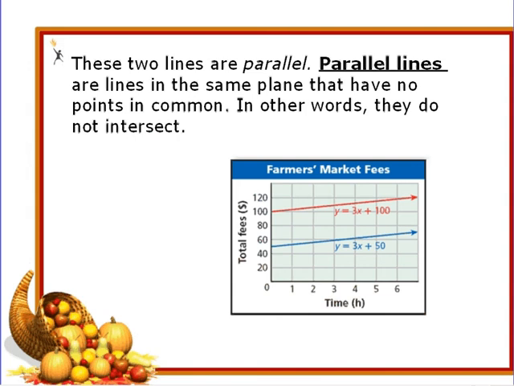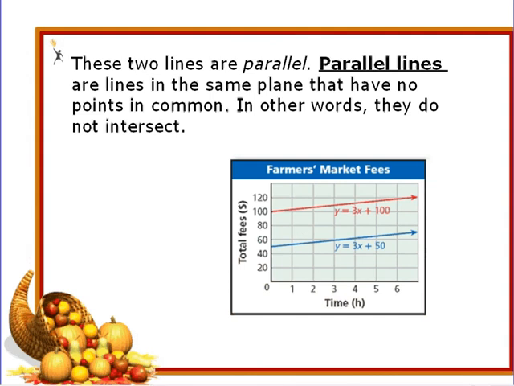These two lines in this picture are parallel. Parallel lines are in the same plane, so basically they're in the same flat two-dimensional space, and they don't have anything in common. They don't intersect anywhere.